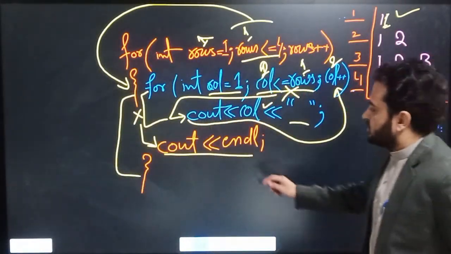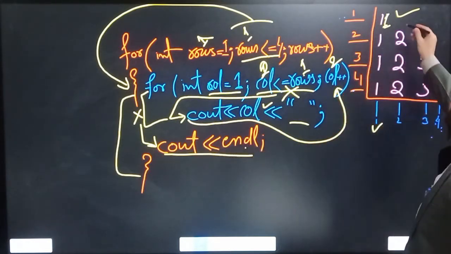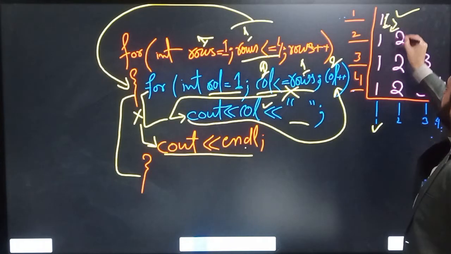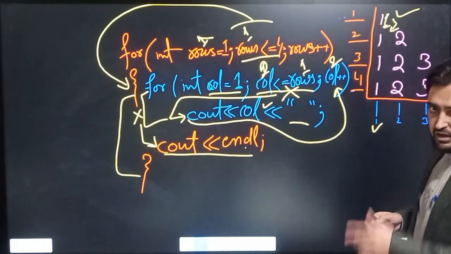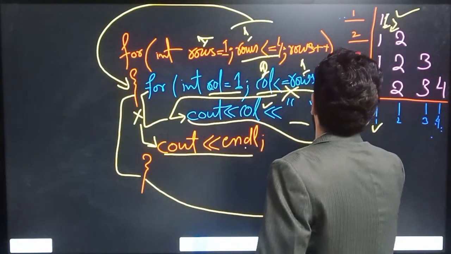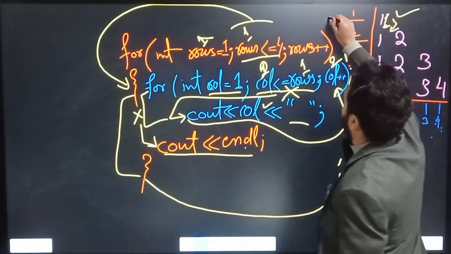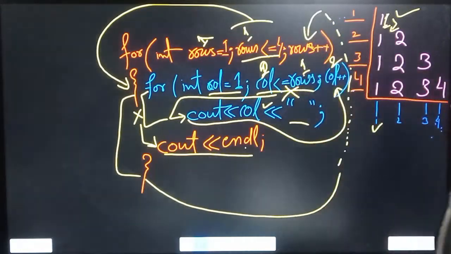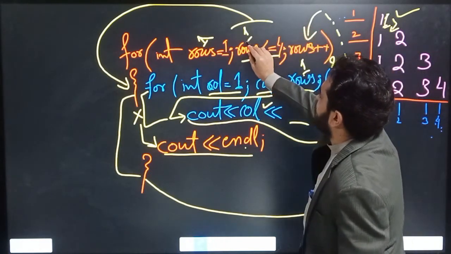So what will happen with this cout? Cout will print the end line. It means the execution will order the cursor to jump to the next line on the console screen. Then execution will come to the rows update statement. Rows will be updated to 2 because it was previously 1.